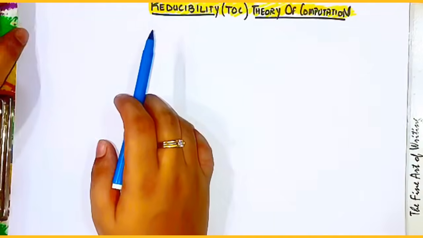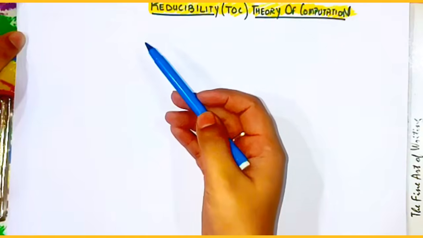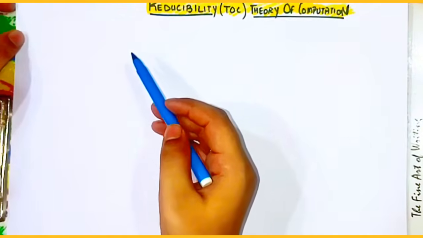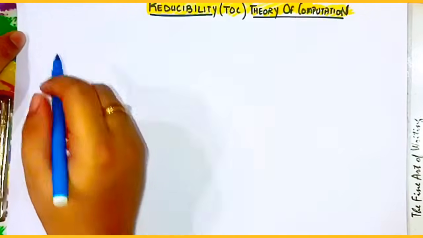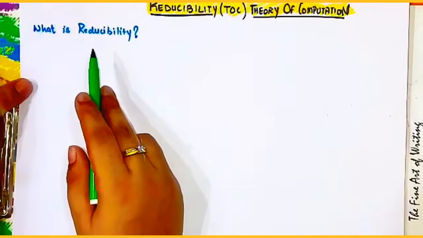First of all, let's have a quick understanding of what is reducibility, and then I will tell you some tricks to solve its question very easily and quickly. So first let's begin. So what is reducibility?